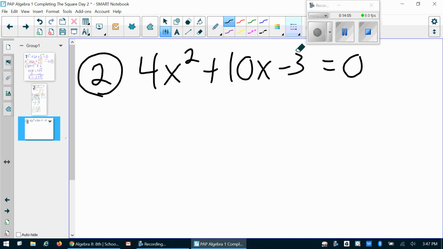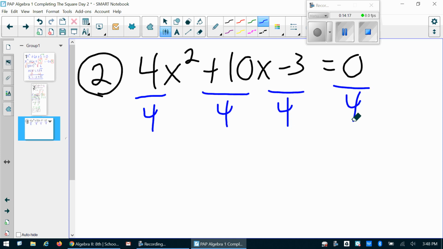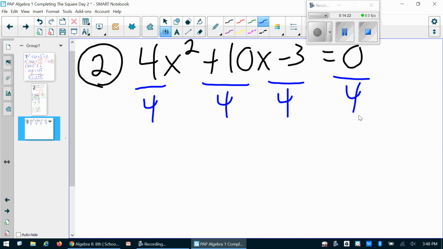Okay, so like I said, step 1 on completing the square is making sure that a is 1. Right now, a is 4, so I'm going to fix that by dividing all pieces by 4 and both sides by 4. And so if I do that, I'll get x squared plus, now 10 over 4, you don't have to do this, but I would reduce that fraction, and that can be reduced to 5 over 2.